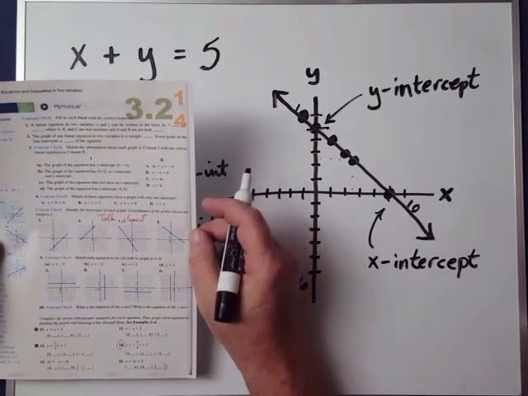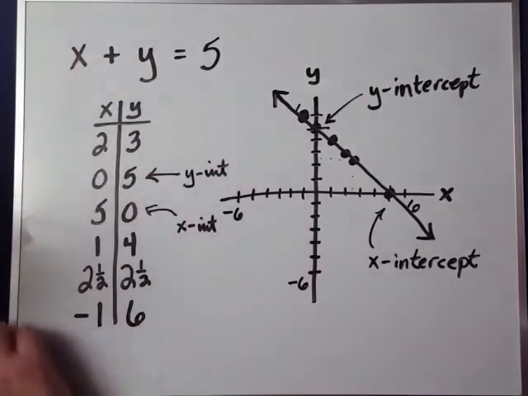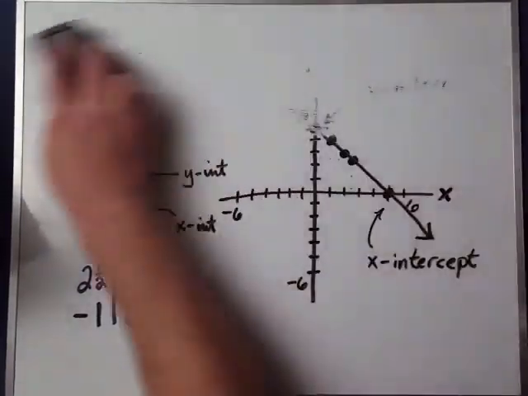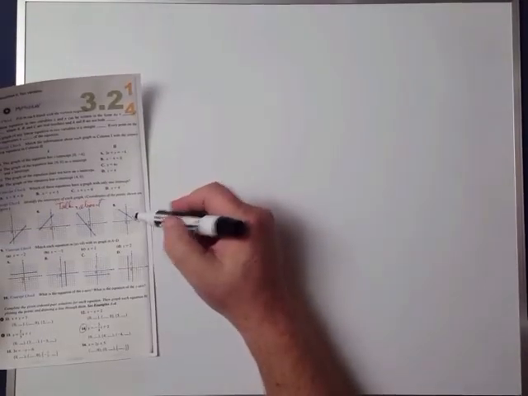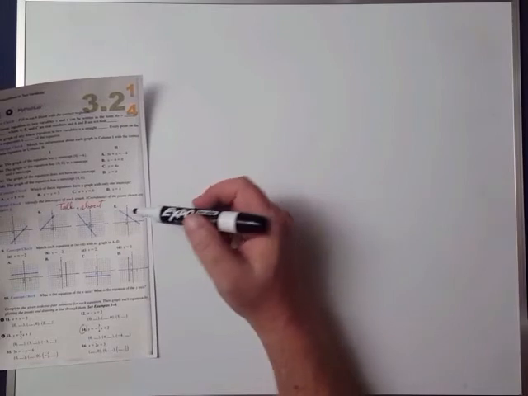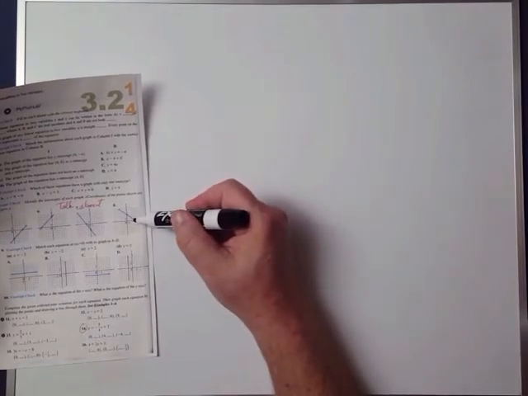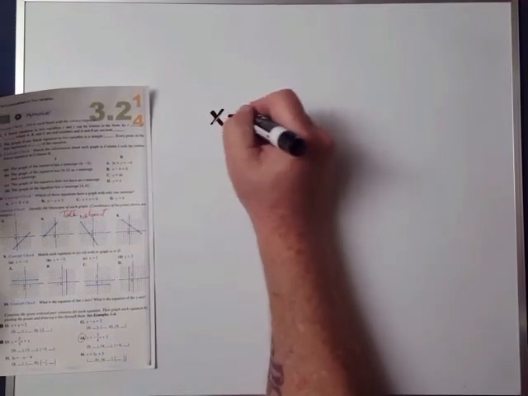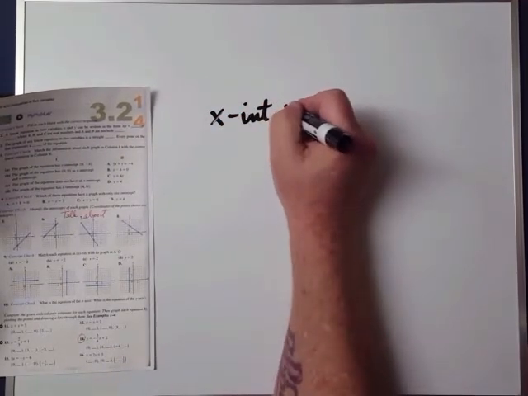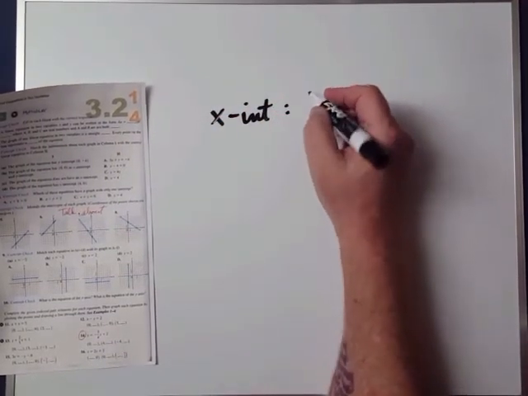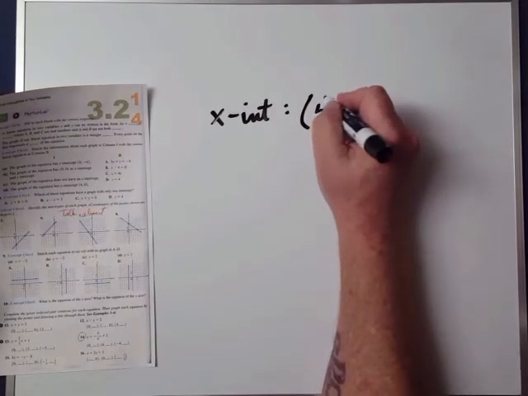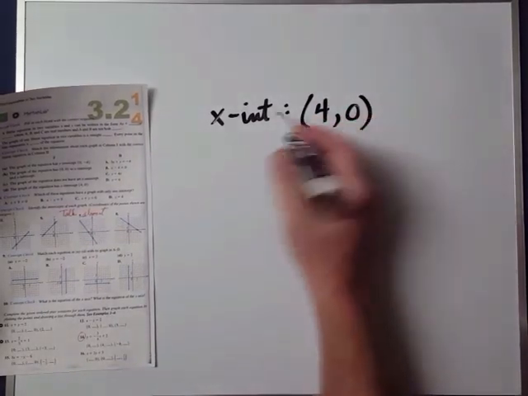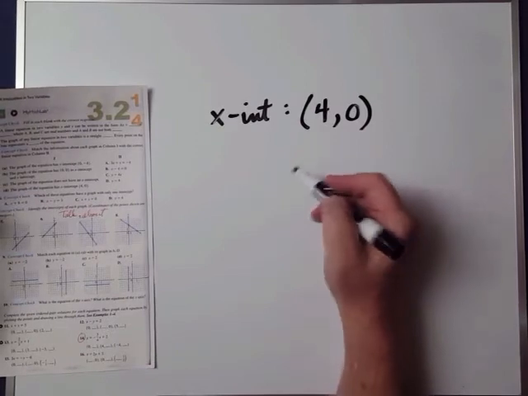So number 8, my x-intercept, where this line crosses the x-axis, that looks like it's at 4 on the x-axis. So my x-intercept, now pay attention to this. My x-intercept is the point 4, 0. An intercept is a point. It's not just a number.